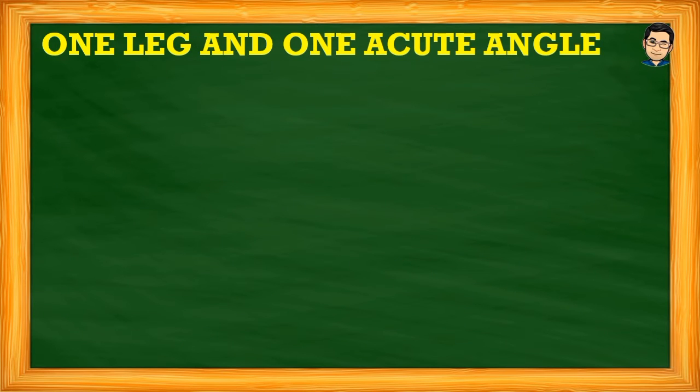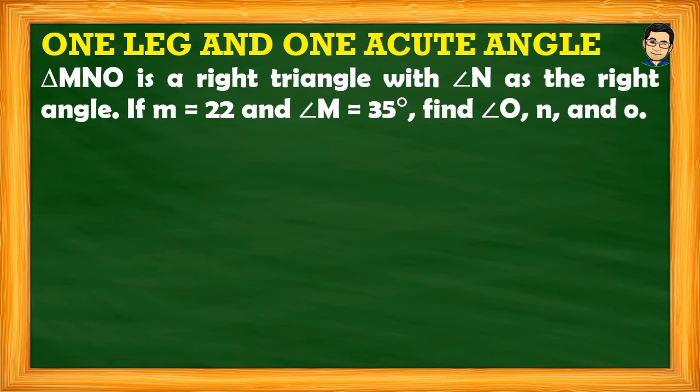Next, one leg and one acute angle. Okay, so dito hindi na po given yung sukat ng hypotenuse, yung ating longest side. Bagkos, yung sukat ng shorter leg o kaya naman longer leg, tsaka yung isang acute angle. So, triangle MNO is a right triangle with angle N as the right angle.